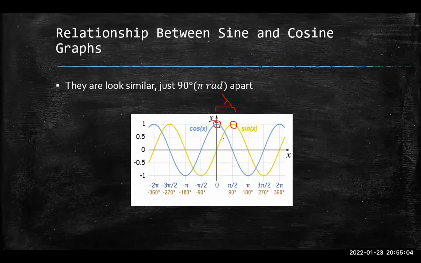This wavelength, this is 0, this is 90. That is why we say that they're 90 degrees or pi radians apart from each other. Like the crest, they're 90 degrees from each other. Does that make sense?